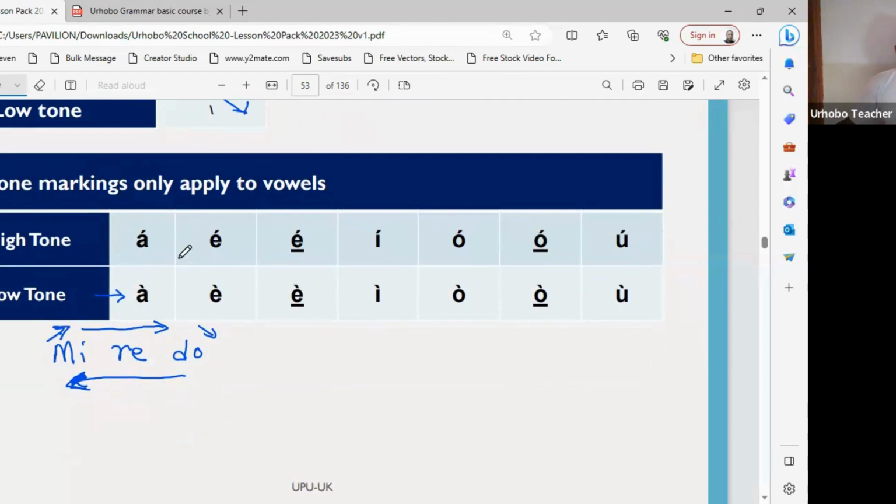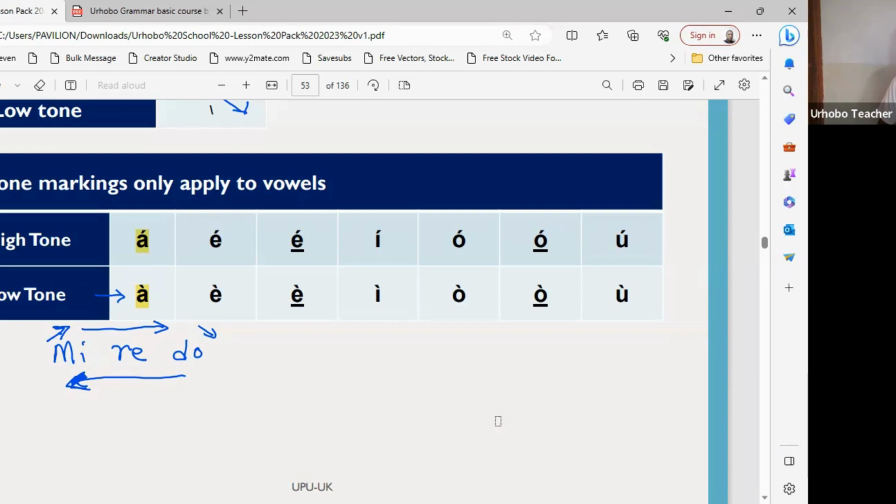Yes, somebody should help us to pronounce the high re and the low re, just this one. Anybody going to try? Good.